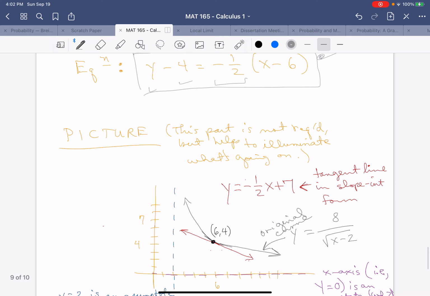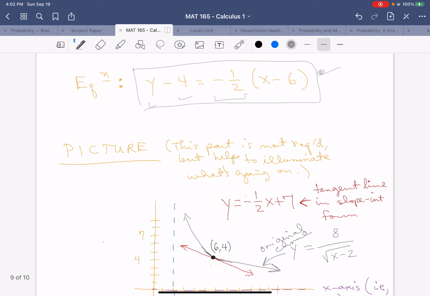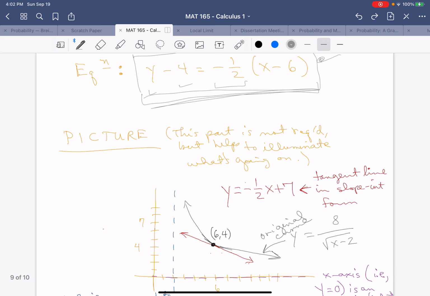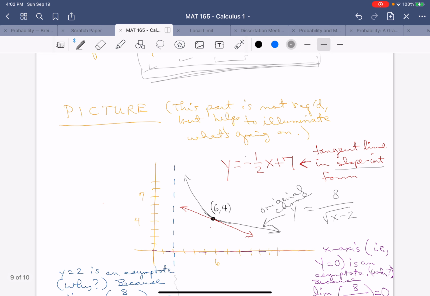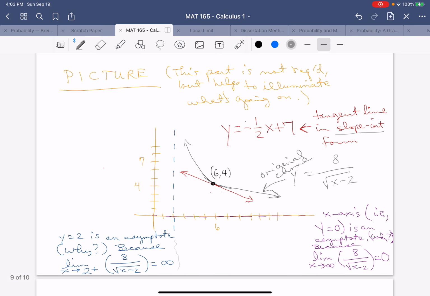But one thing to note is I did a little algebra with this tangent line equation, and that gives us what you see here in red. Okay, so that's just the tangent line in the slope-intercept form. You may remember that. All right, so again, the original curve is y equals 8 over square root of x minus 2. That's what you see plotted here in this dark gray color.